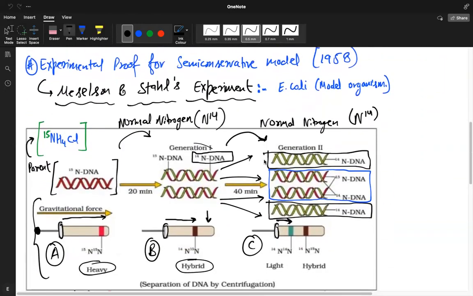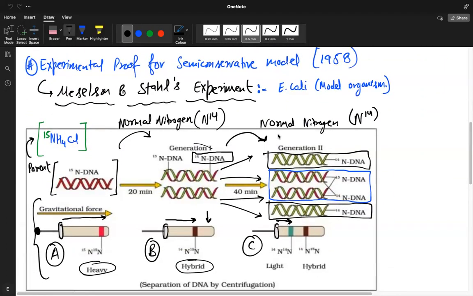Then later, Meselson and Stahl in 1958 proved the semi-conservative nature of DNA. They used E. coli as their model organism, because it is a prokaryote, which means it has a single thread of DNA.